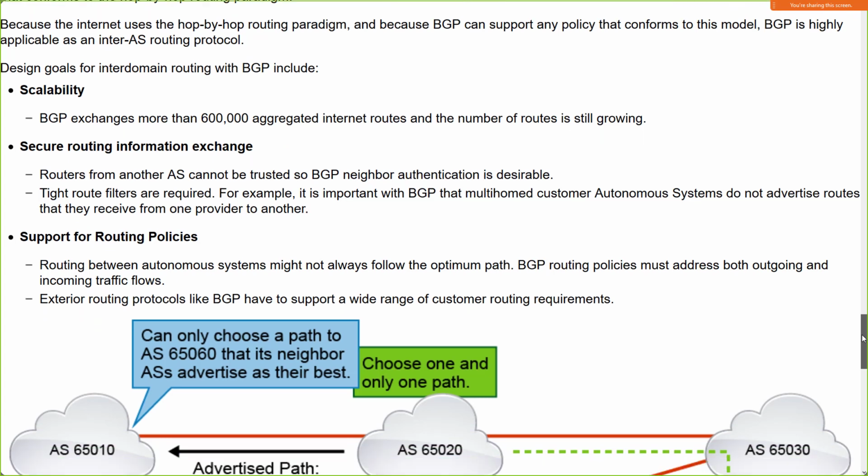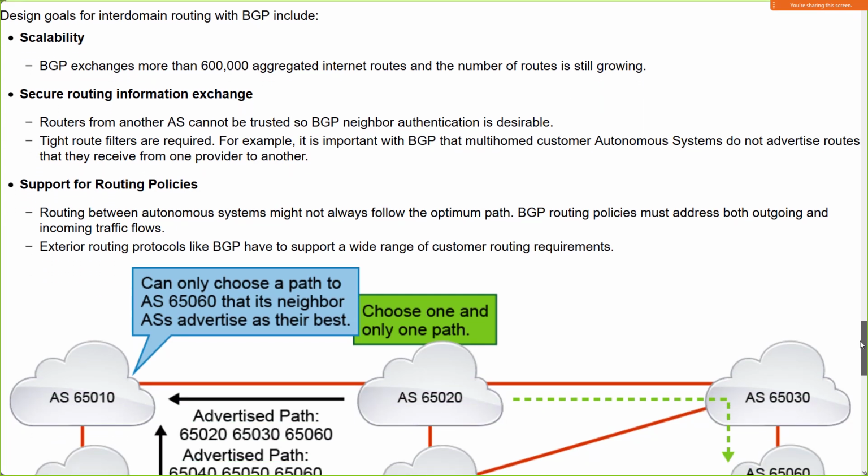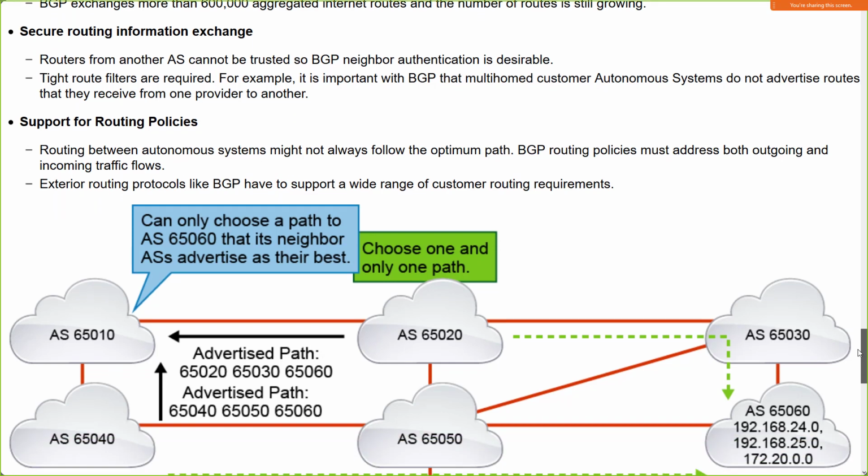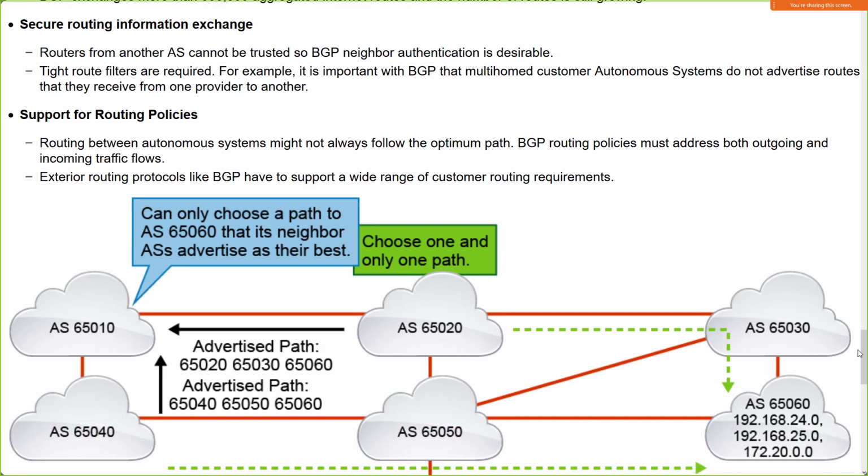Okay, so what are our overall objectives for BGP? We want to make sure that we can scale well. We want to make sure that we can exchange routing information securely, so authentication could be something that we decide to implement. Certainly, filtering is a very important concept, and that's where route maps come in.